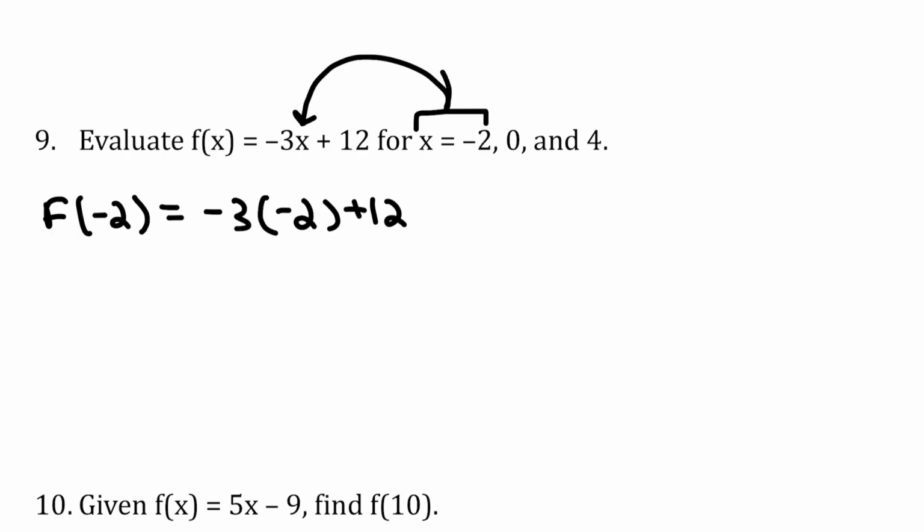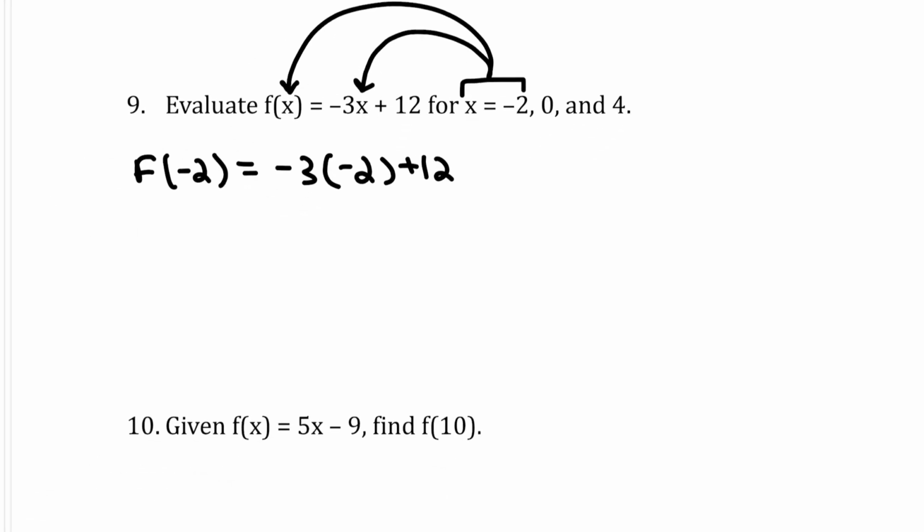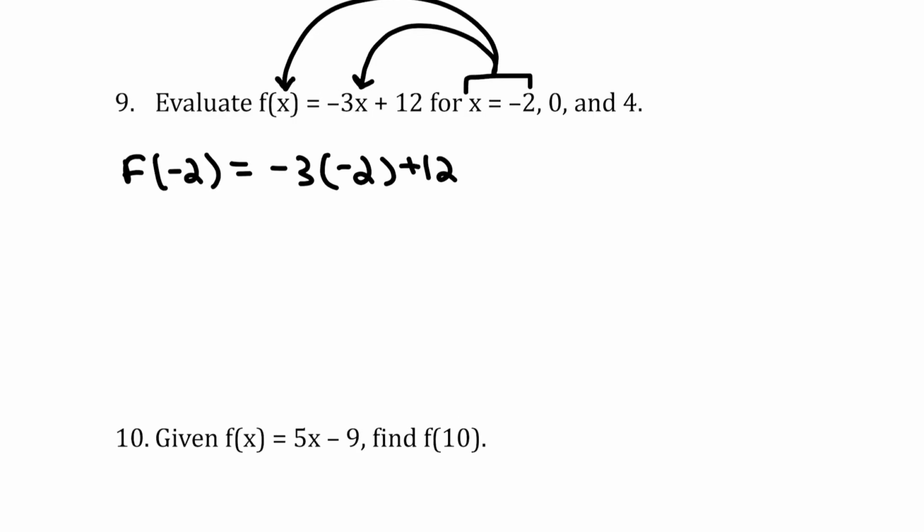So instead of f of x, we write f of -2. And instead of -3 times x, we do -3 times -2. So, and I'm going to draw a little line here because it's asking for 3 different numbers, -2, 0 and 4. So it wants x equals 0 and x equals 4 as well. So 3 answers here.